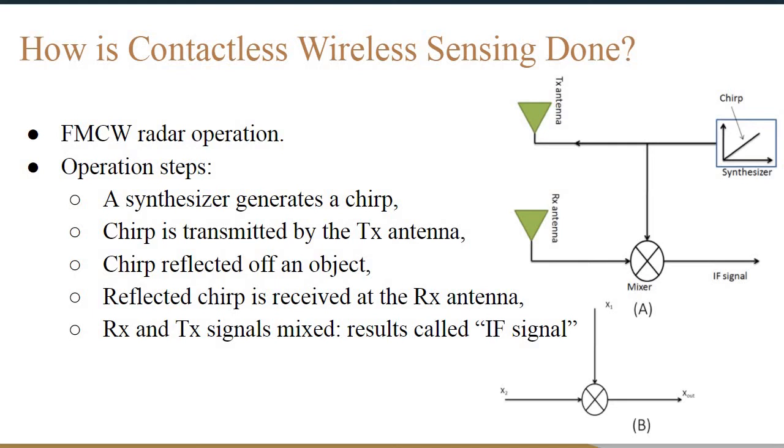Then the reflected chirp is received at the receiving antenna RX. Then the RX and TX signals are mixed in the mixer, and the final result is called the IF signal.